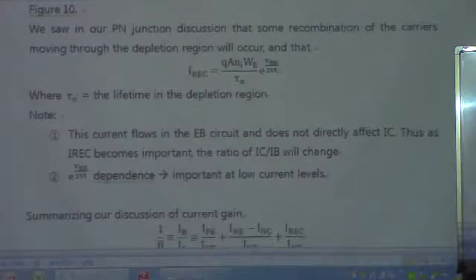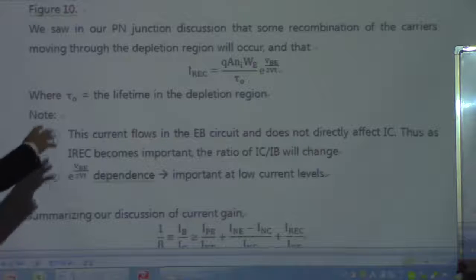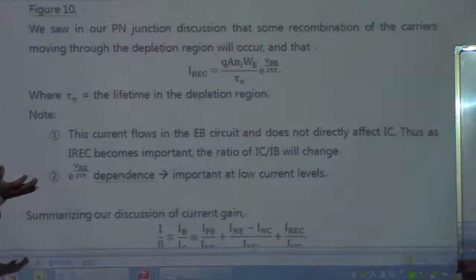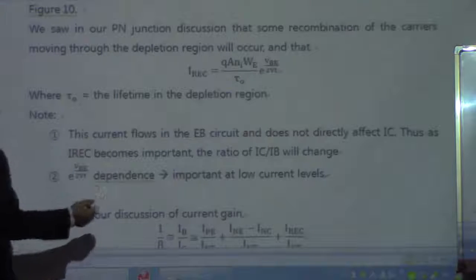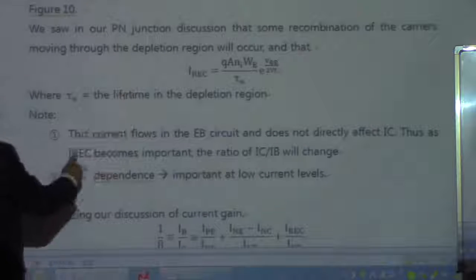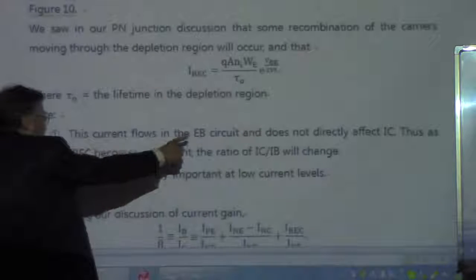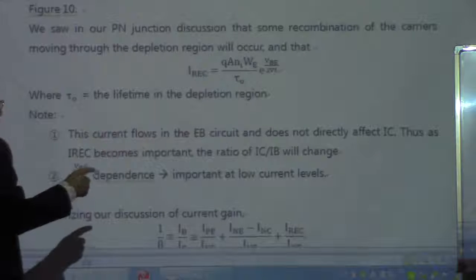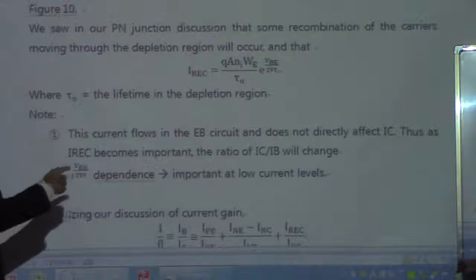That equation has been discussed in the p-n junction, which has not been discussed in this class, but it's very common in p-n diode discussions. And with that equation, this current flows in the emitter-base circuit and does not directly affect the collector current.